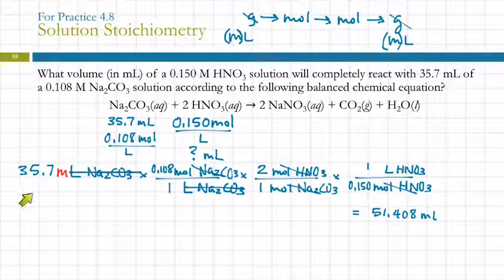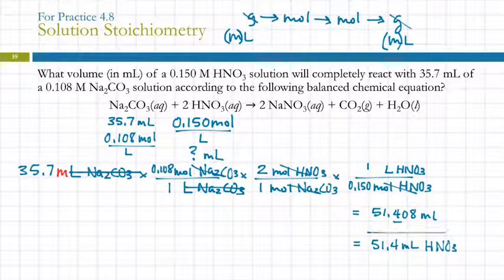I have 3 significant figures here. I have 3 here and 3 there. Mole ratio is exact, so I should have 3 sig figs. 51.4 milliliters of nitric acid. Any questions?